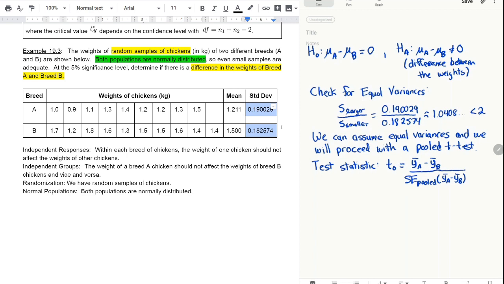So what we need to calculate is the pooled standard error, and to find it, we need to find a pooled variance. So let's first find the pooled variance.